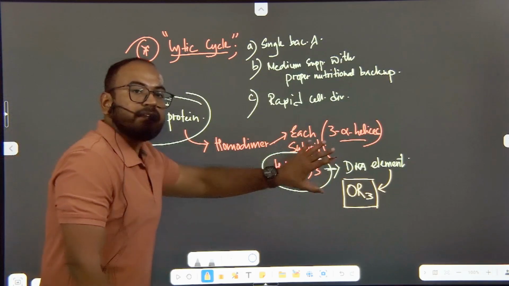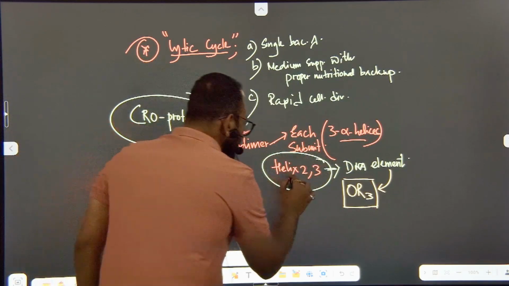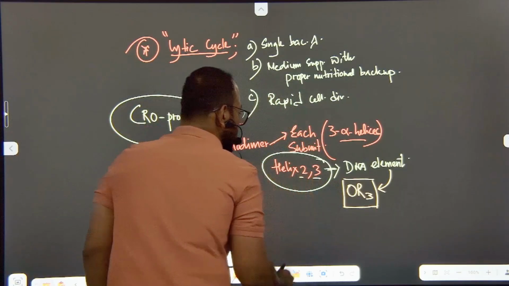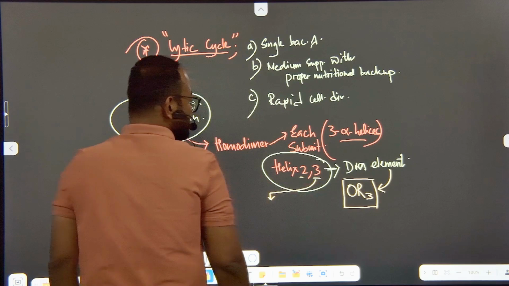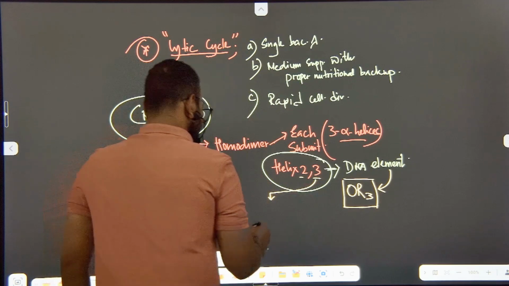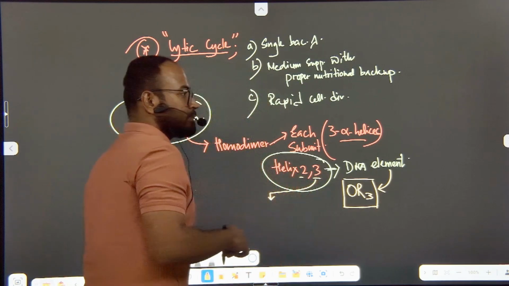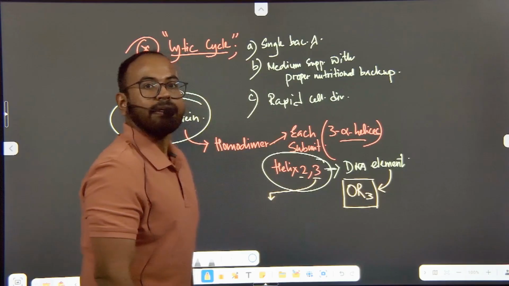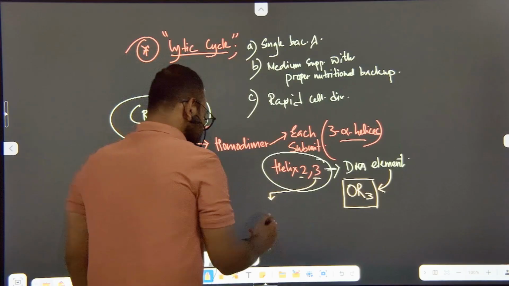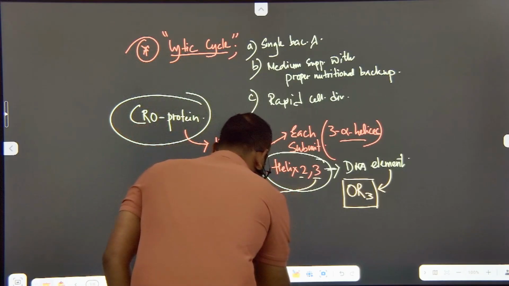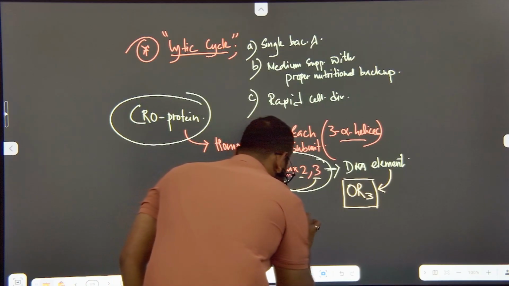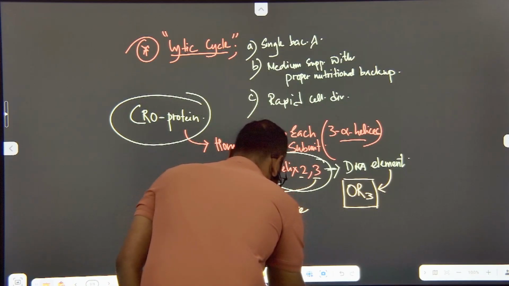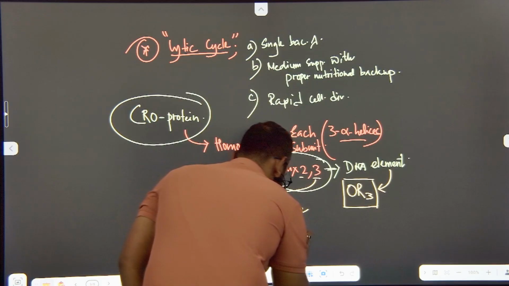Now, a technical fact: among these two, helix 2 and 3, helix 3 normally binds with the major groove of the DNA.